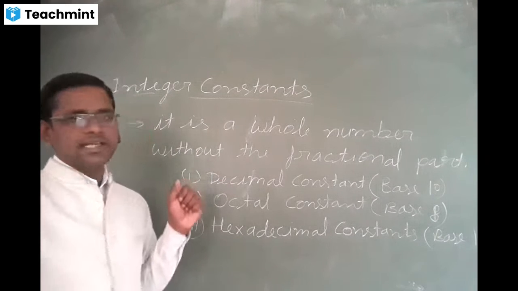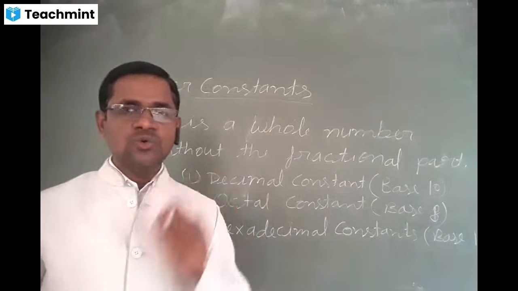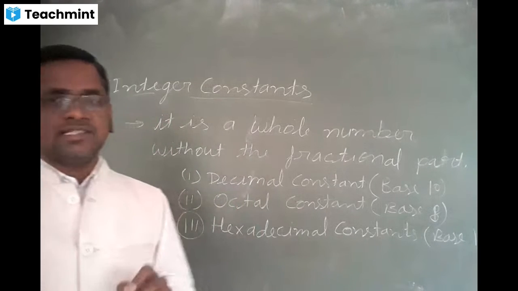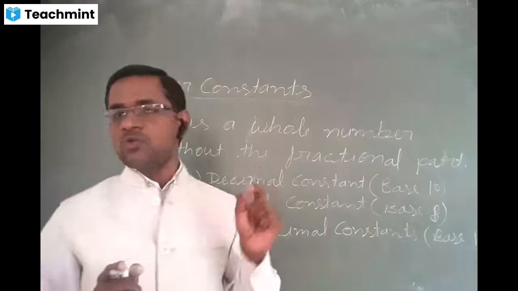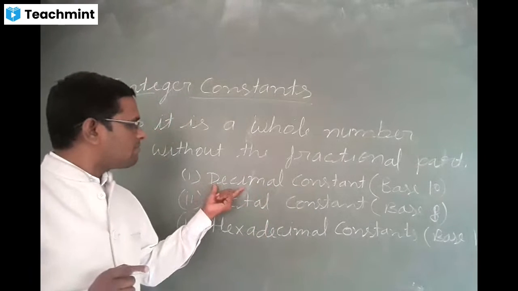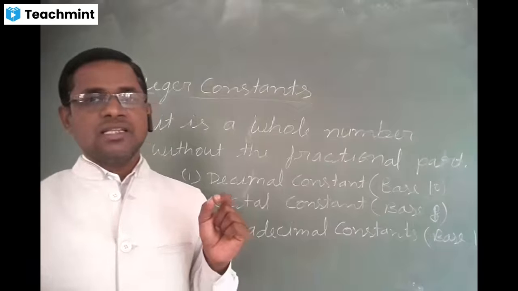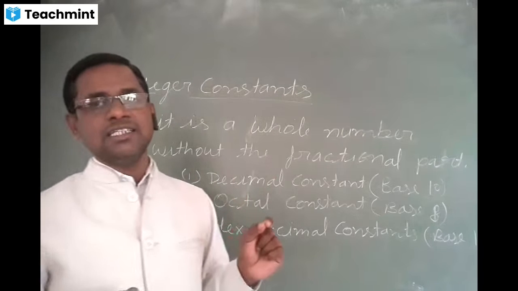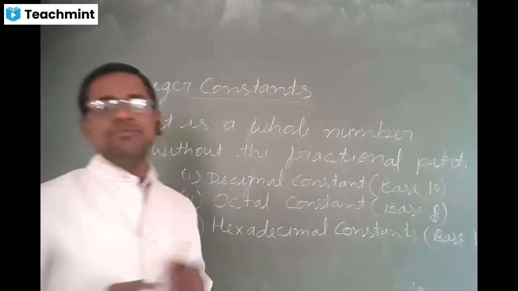The decimal constant uses the digits 0 to 9: 0, 1, 2, 3, 4, 5, 6, 7, 8, 9. A combination of these digits can be used to form a decimal constant.